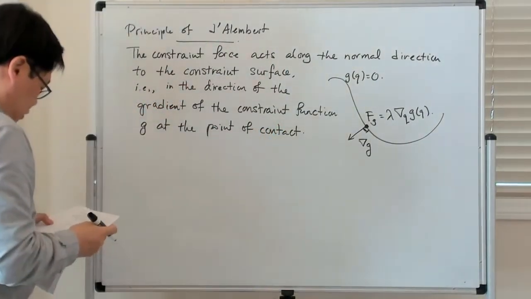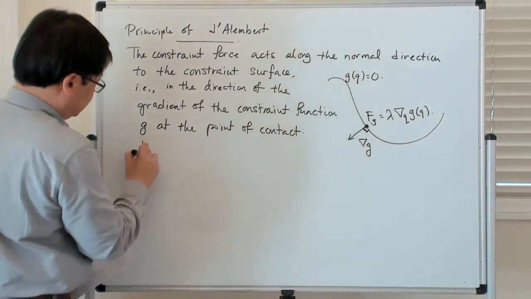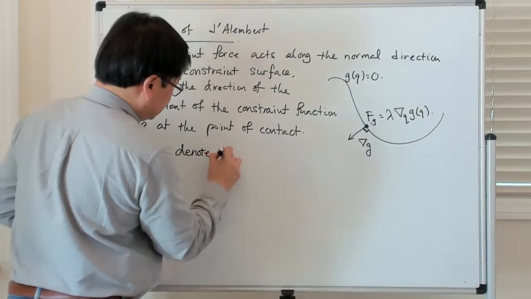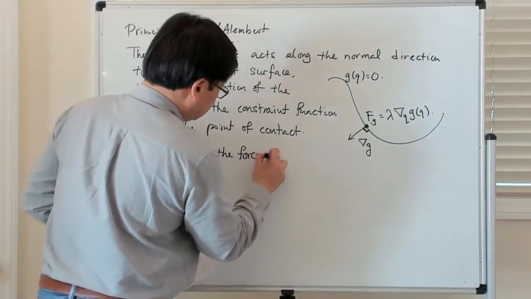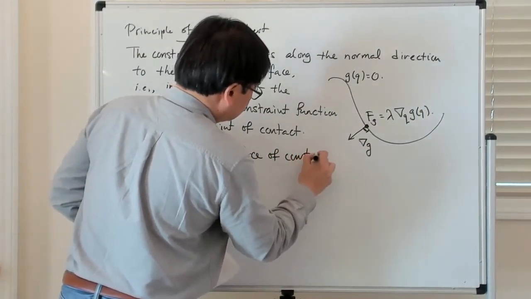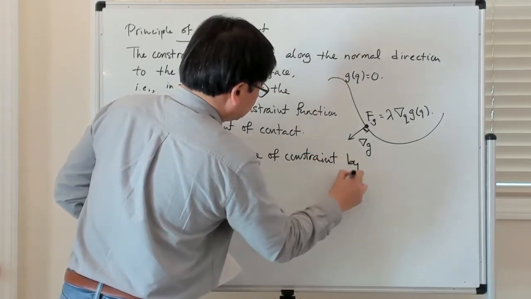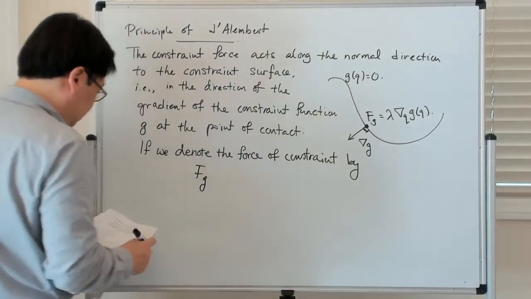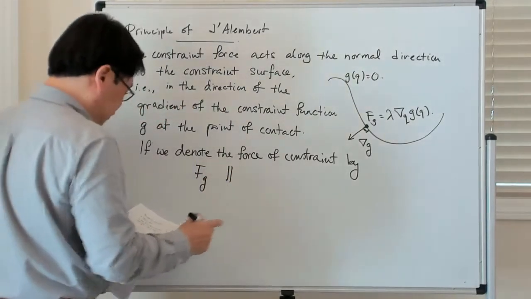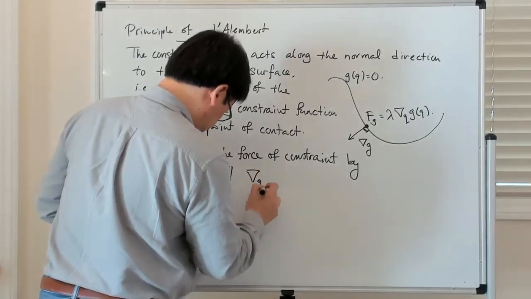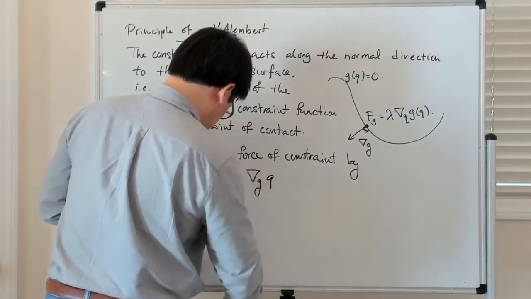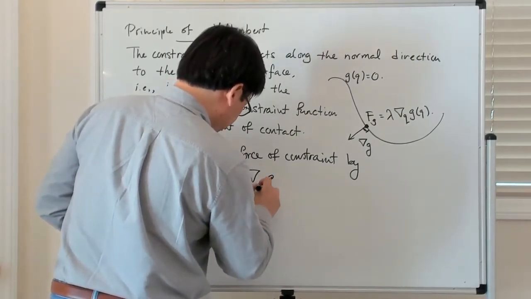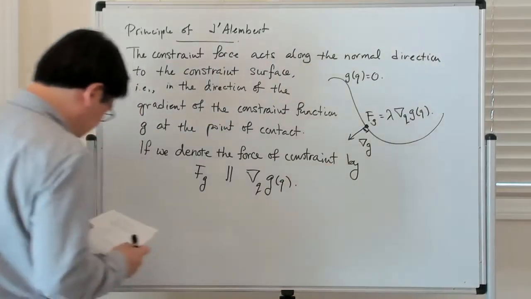So if we denote the force of constraint by Fg, then you have that Fg is parallel to the gradient of g at the point of contact q.